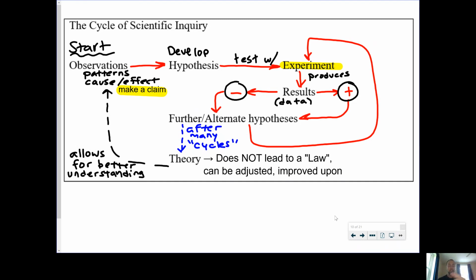So just having a theory allows you to hone in and have a better understanding of what observations you are making.